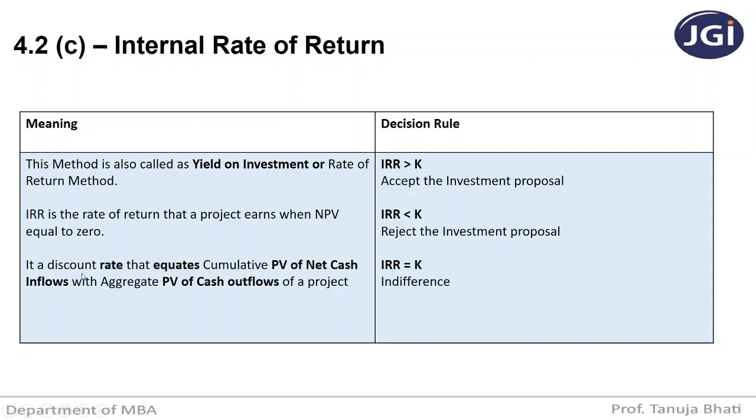So it is a discount rate that equates cumulative PV of cash inflow with cash outflow of a project. So always remember, internal rate of return is that particular rate of return where the PV of cash inflows will be equal to PV of cash outflows, or where the NPV will be 0.